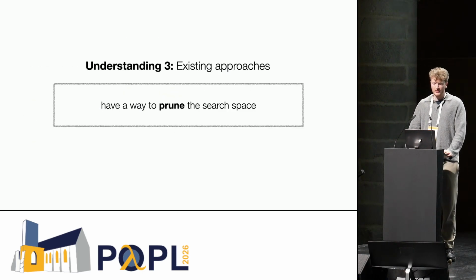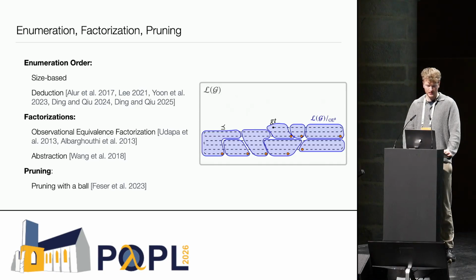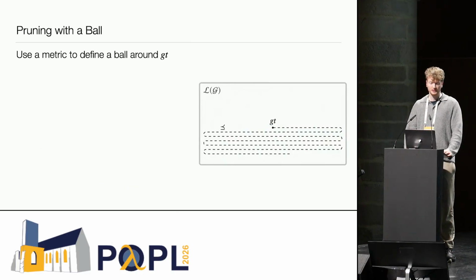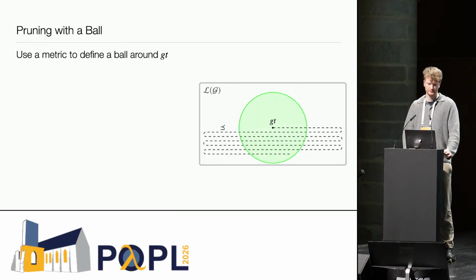Now, the third thing is that existing approaches have a way to prune the search space. This was applied to synthesis in 2023, and the idea is to use a metric to define a ball around the ground truth. And then you only want to consider programs inside that ball.